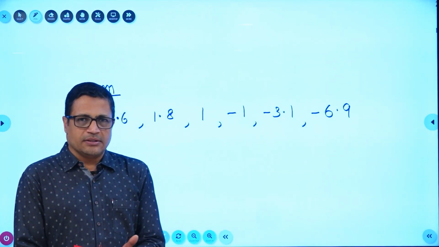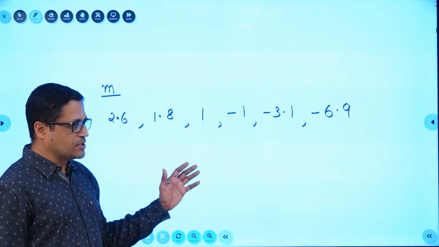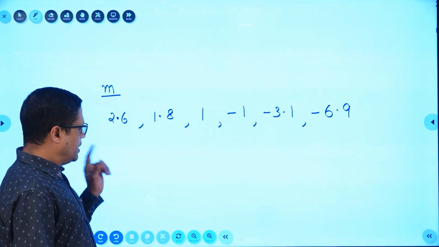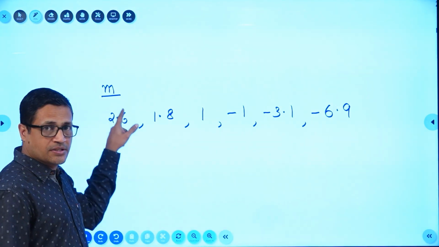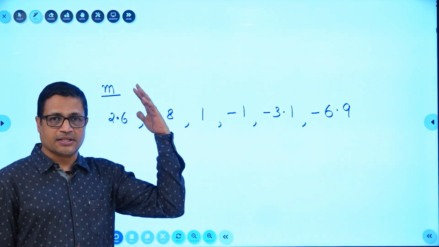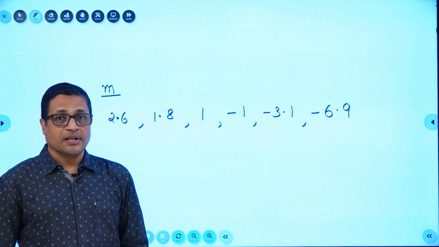If a question is asked as to out of the given values, where is the magnification the largest? Many students tend to make a mistake and they mention 2.6, because plus 2.6 seems to be much more than minus of 6.9. That is wrong.